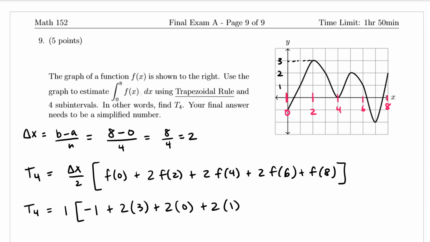And lastly, f of 8 is equal to 2. So my first term is -1 plus 6 plus 0 plus 2 plus 2, and if we simplify that, that is equal to 9. And there is our final answer for question 9.